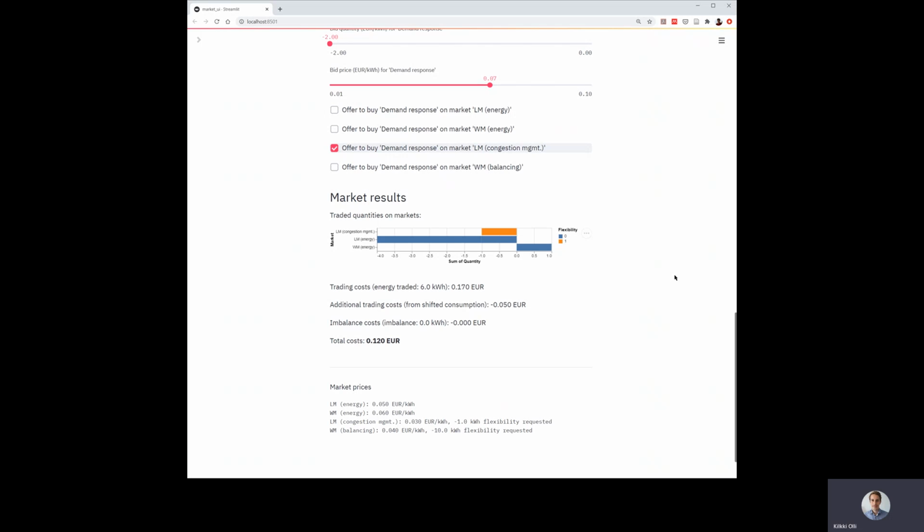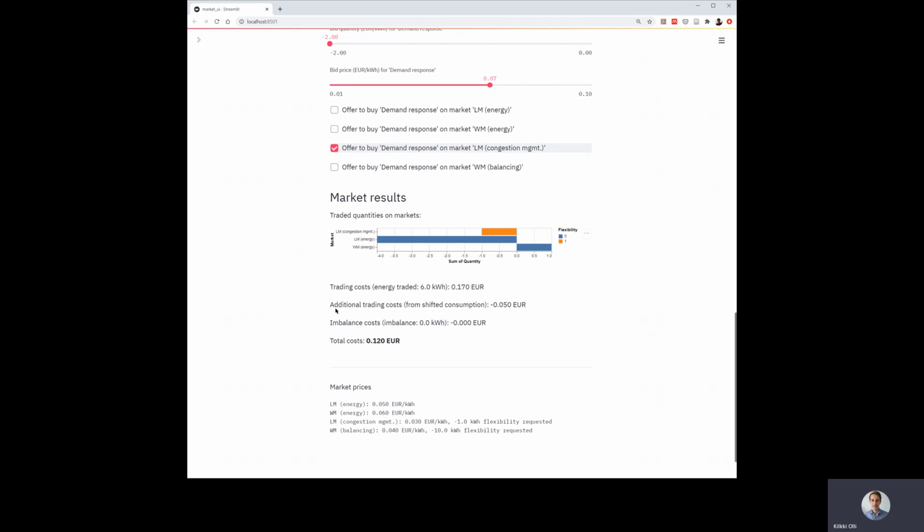So we consume 1 kilowatt hour more, for example turn on heating or cooling a bit earlier than we would have otherwise, or use some other kind of storage.